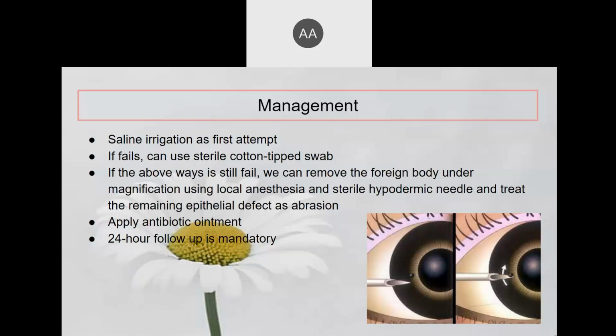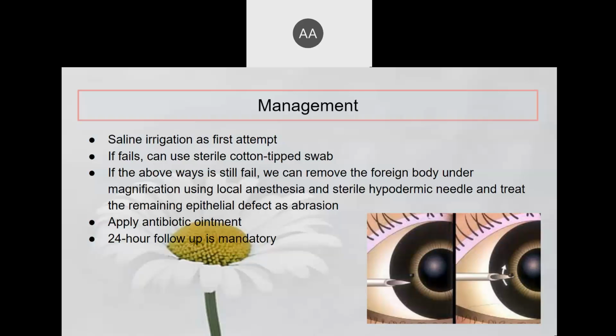So we need to cover with antibiotics, and we need to give proper lubrication for this cornea to help the healing. Sometimes when you remove the foreign body, there is a remnant of rust, so you need to consider, in the next visit, removing the remaining rust, which cannot be removed in the first setting.